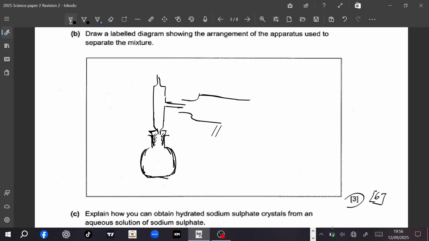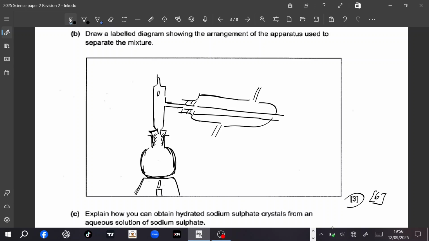some water will go in, some water will go out. So here again there must be something like a rubber. Then here you must have a stand, tripod stand, and this source of heat here.